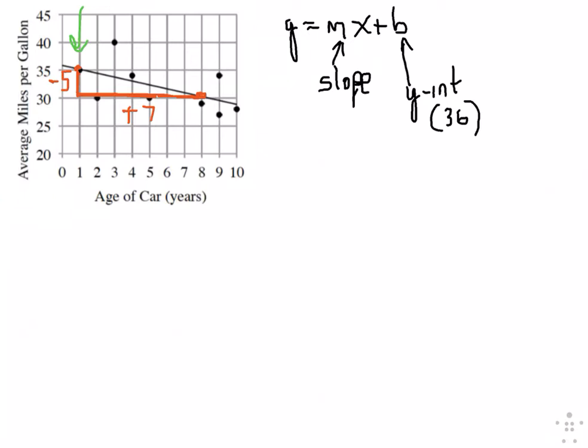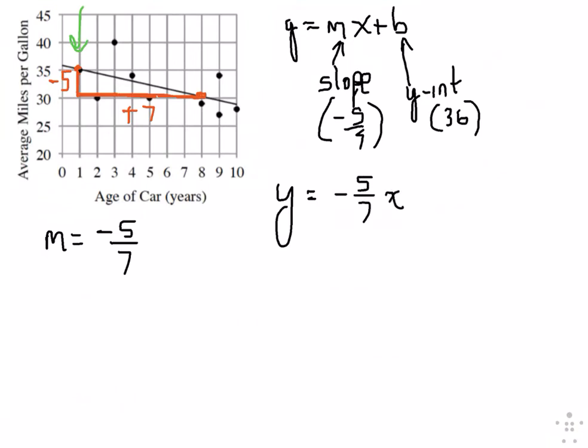So the slope is -5 over 7, negative 5/7. So now I know the slope, negative 5/7, and the y-intercept. So I get y equals negative 5/7 x plus 36 as the equation of the line.